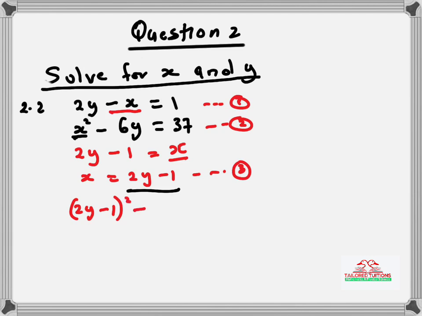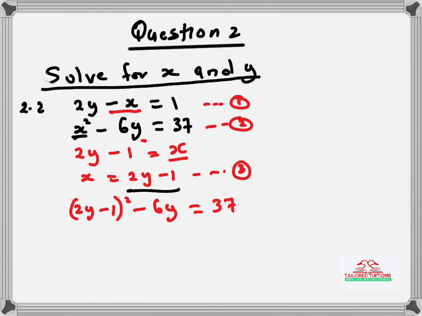We don't have a problem with y, so we can write it back as it is, equal to 37. Before you even continue, now check, do you have one equation with one variable? Yes, the only variable that we have now is y. So we can continue then, because sithi kulula uma ukuthi une equation ene variable enjani, ene variable eyodwa.